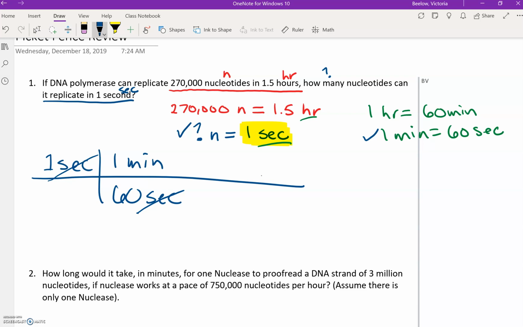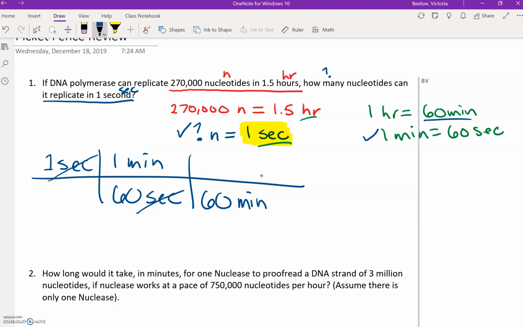So I'm going to continue in my Picket fence, and I'm going to do the same thing. I see minutes are here, so I'm also going to write minutes there. And I'm like, okay, how many minutes? Looking at my 2 equalities I have left, I have 60 minutes, so I'm going to write that in the bottom.